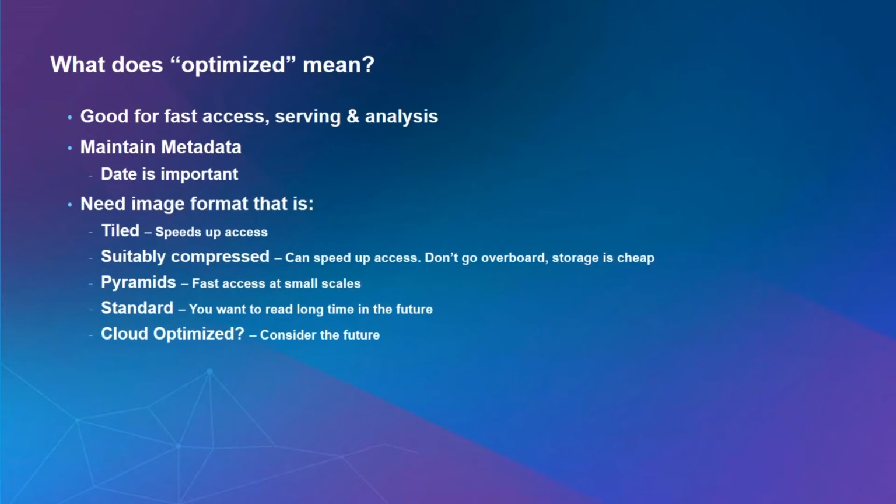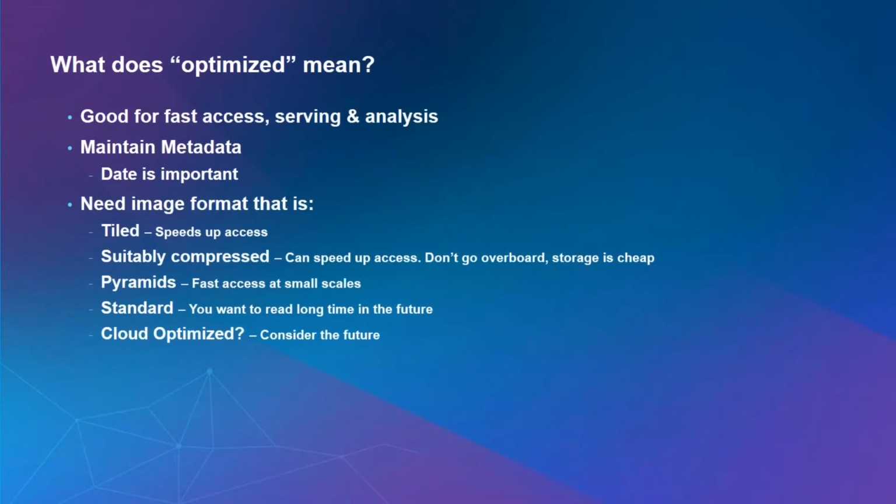For the imagery to be accessed quickly, there are a number of things that need to be considered. One is whether the data is tiled. And by tiled, I don't mean that the large image is cut up into a large number of different files. It's whether it's tiled internally to the file. There are some formats which are tiled and some formats which are not tiled. So tiled formats are faster. Then, whether data is compressed.